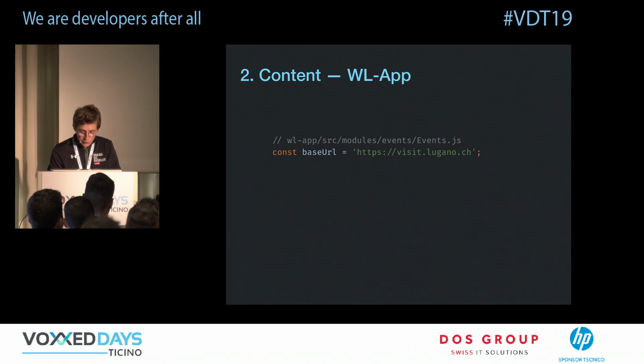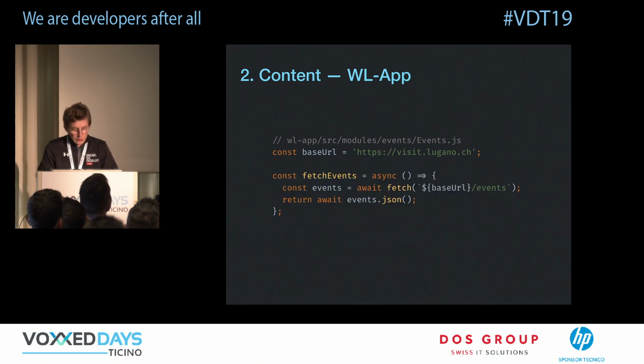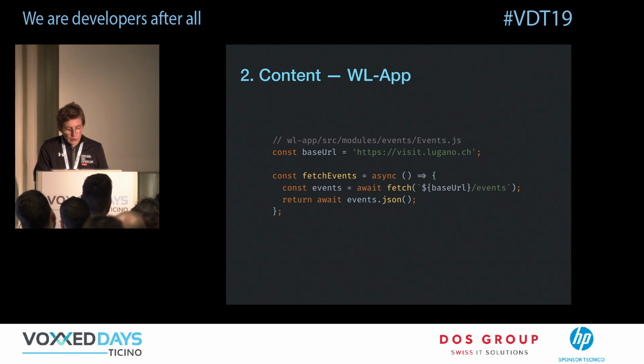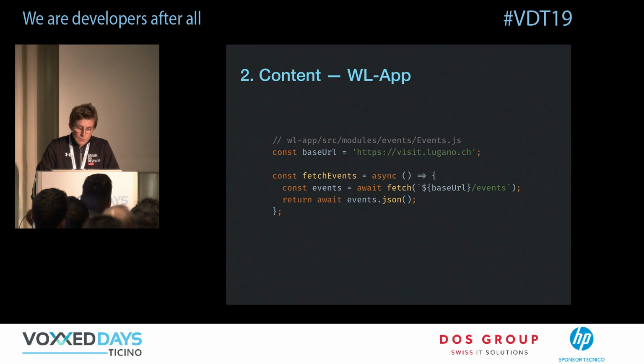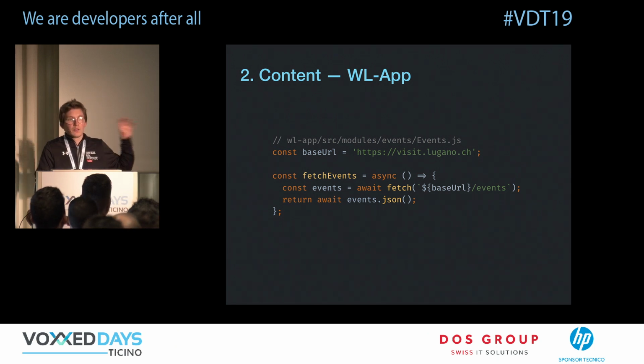And our fetch method does this. We have a fetch events method that uses the fetch API to actually retrieve the events from our visitlugano.ch services. And it's going to return them, and then we can use them to actually render our component.